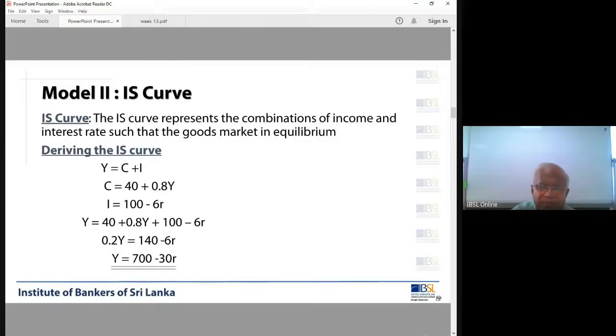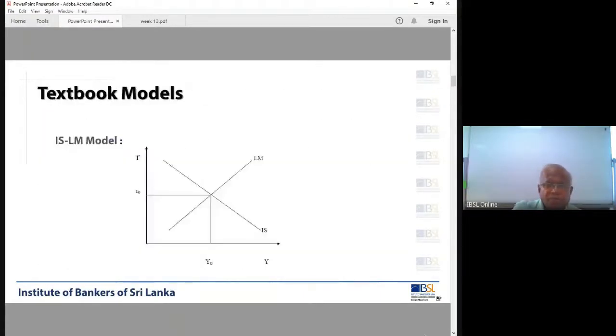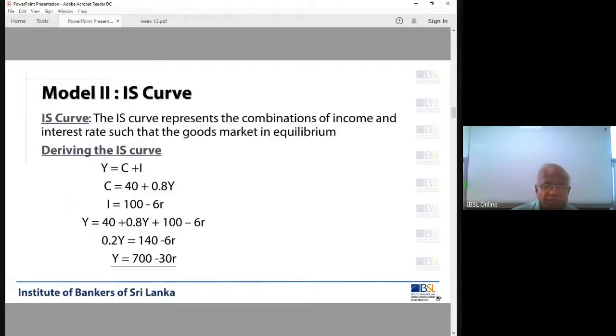What is this? This is the relationship between interest rate and income. This is the IS curve. The equation of the IS curve: 0.2Y equals 140 minus 6R.